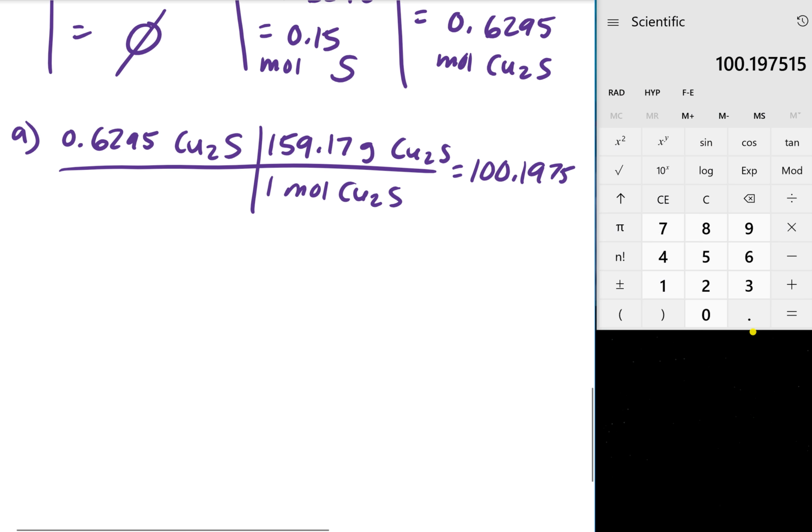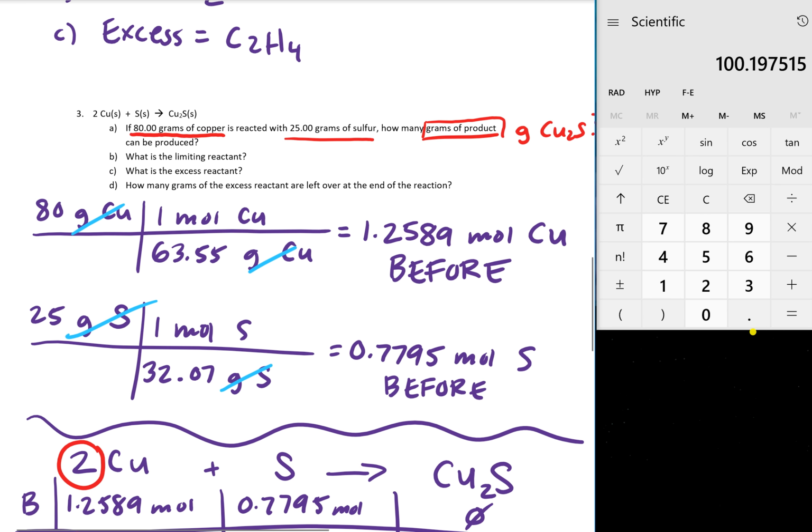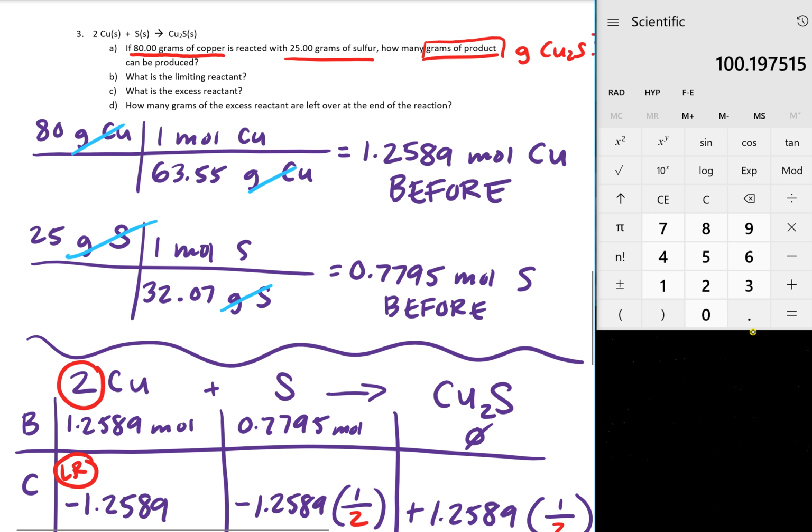100.1975. And again, we're going to round for sig figs. So go back to your given values in the problem. You have 80.00 grams of copper. That's 4 sig figs. And 25.00, that's also 4 sig figs.